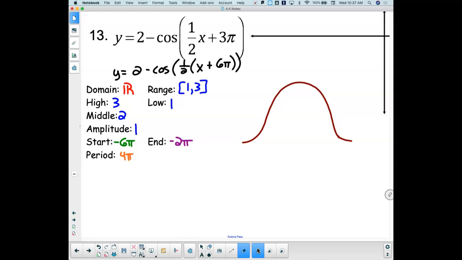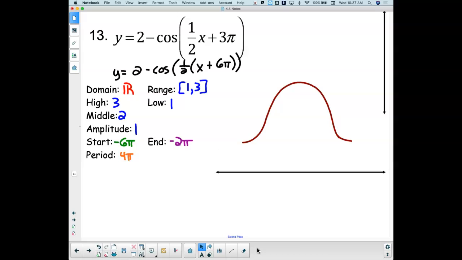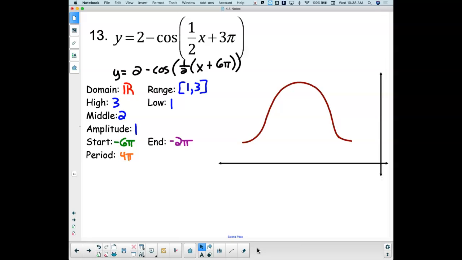Okay? All right, so that puts my horizontal right about there because it's from 1 to 3. That puts my vertical over here, because now this is 1, middle is 2, high is 3.